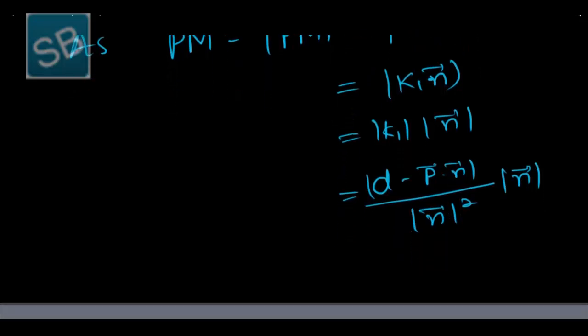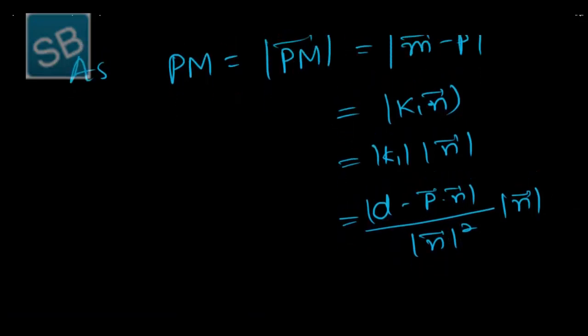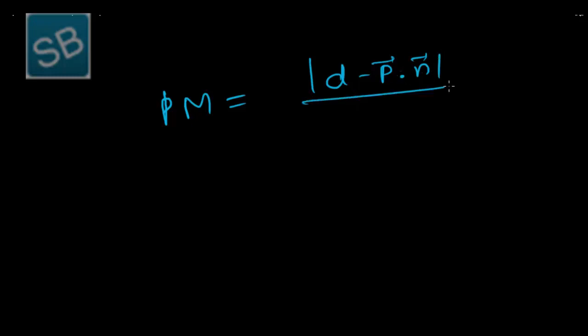It gives PM is equal to modulus of d minus p dot n over modulus n.